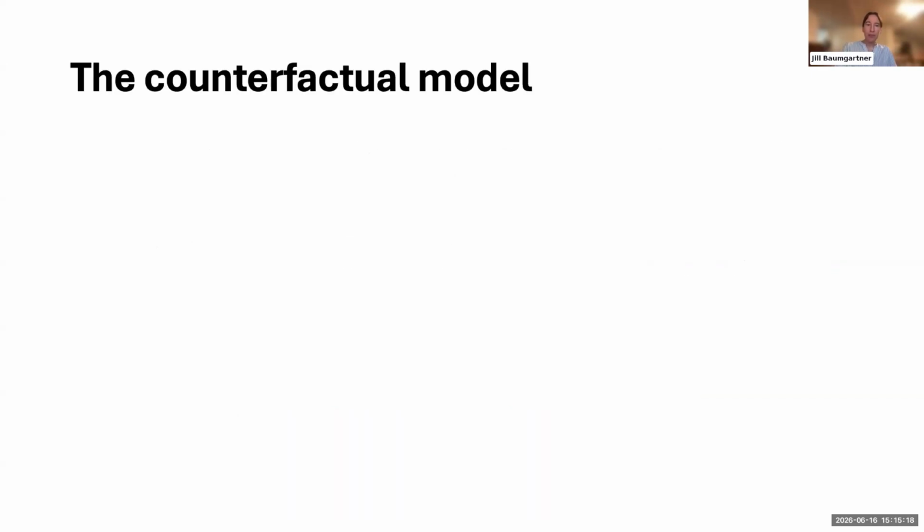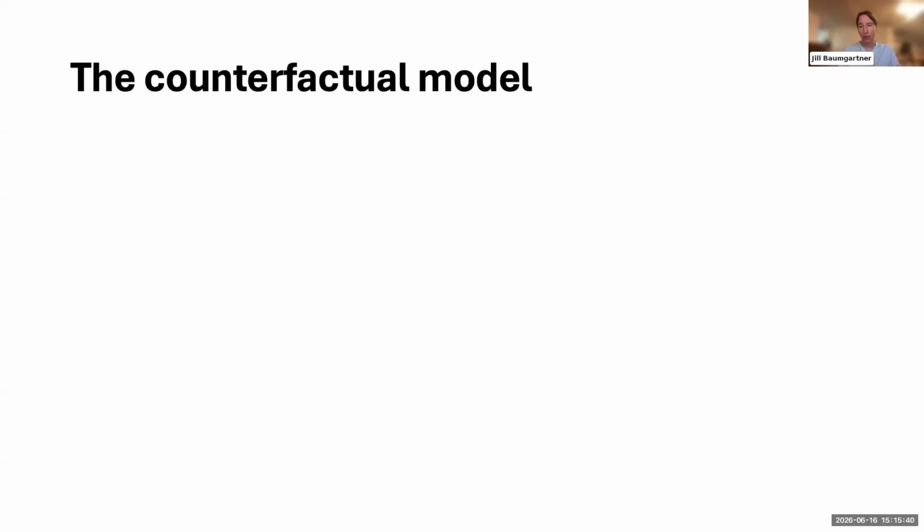Right? So this rests on something called the counterfactual model. When epidemiologists talk about causal effects or causal inference for any type of exposure, not just air pollution, this counterfactual model is usually the one we're thinking about.